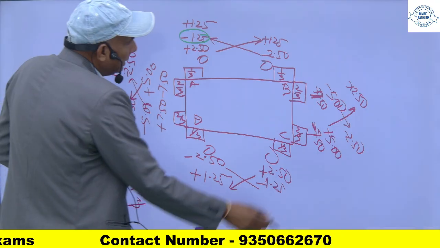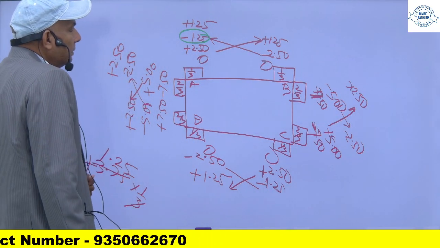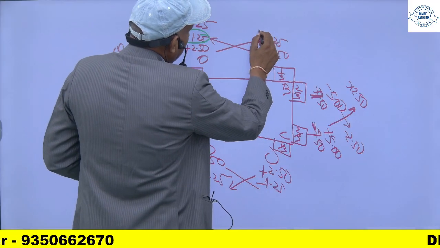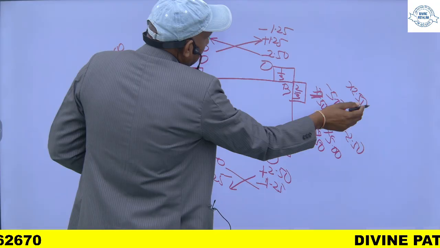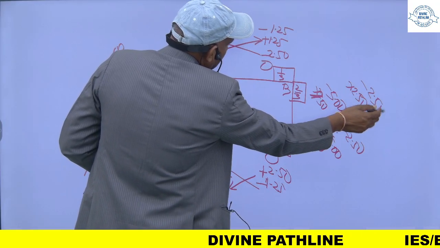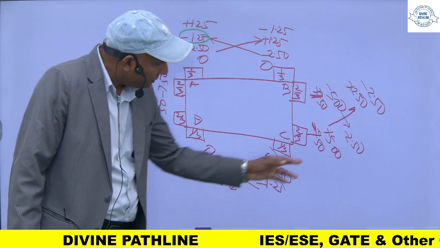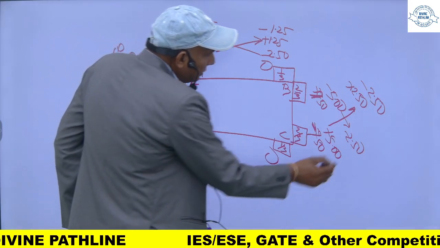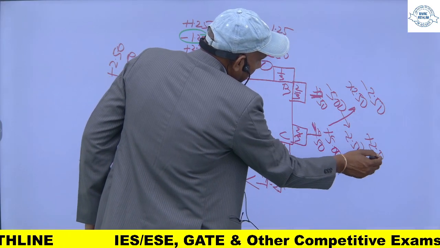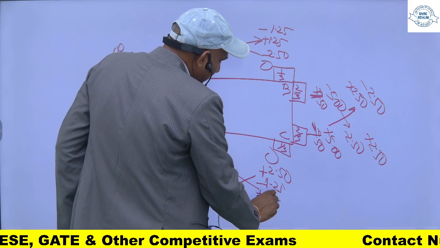Similarly, this is plus 3.75. So this will be minus 1.25 and minus 2.50. And for this member, it is minus 3.75. It will be plus 2.5 and plus 1.25.